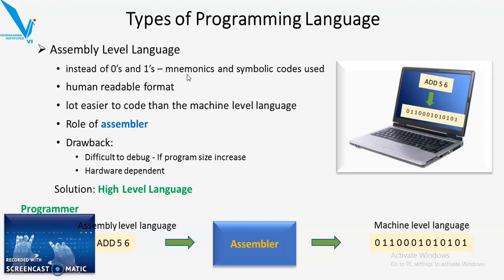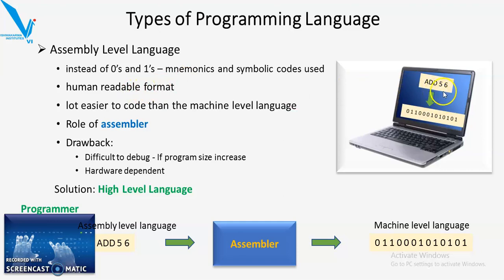Now suppose you want to add the numbers 5 and 6, and we want to write the code in binary, so it will be just a combination of zeros and ones. And if we want to write the code in assembly, it will use mnemonic code. Programmer could write add 5 6.